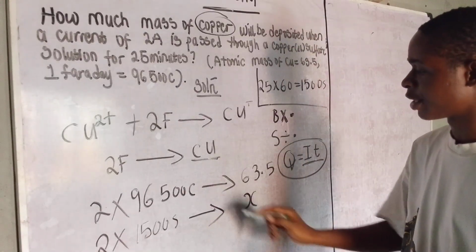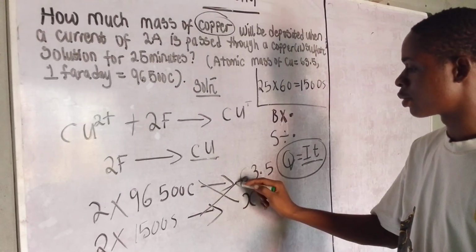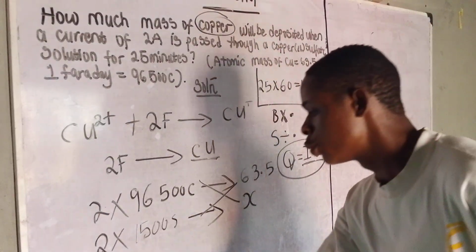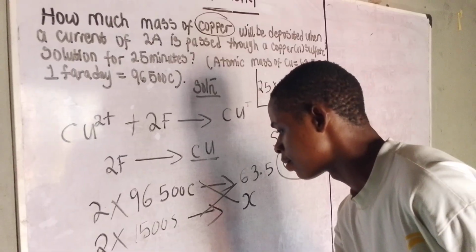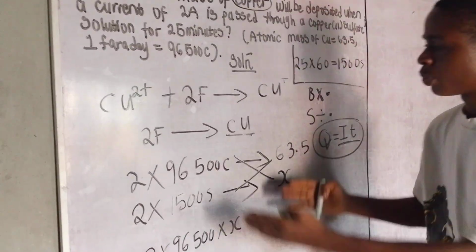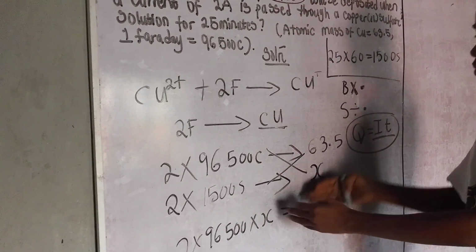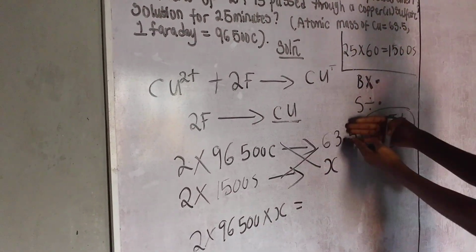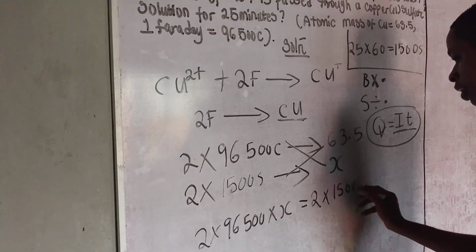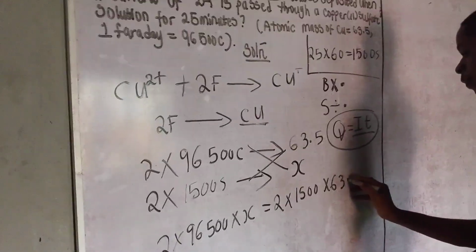This will go this way, this will go this way. So x is actually going to multiply everything we have here. So this turns to 2 times 96,500 times x equals, since we are doing a relationship, we introduce the equals to. We also take all of this and multiply it and put it on one side. So this is going to be 2 times 1,500 times 63.5.